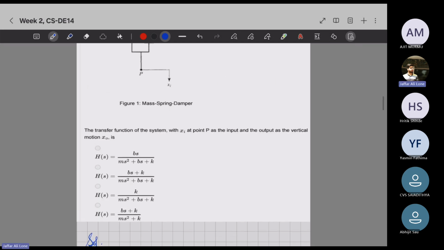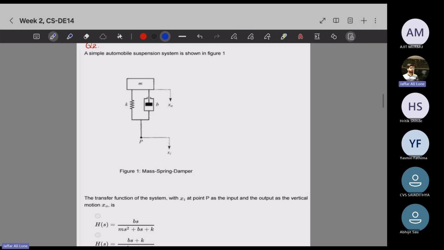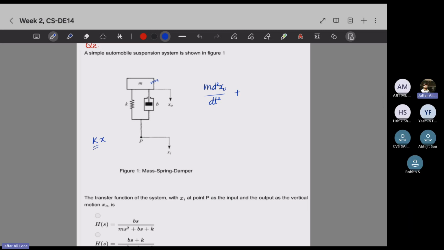If you apply Newton's laws here, this is mass m, so you will write m d2x by dt square, this is x naught. Whenever you have a spring and you stretch or compress it, the force is k into x, where k is the spring constant and x is the displacement. Similarly, if you have a damper B, then you have B into dx by dt.